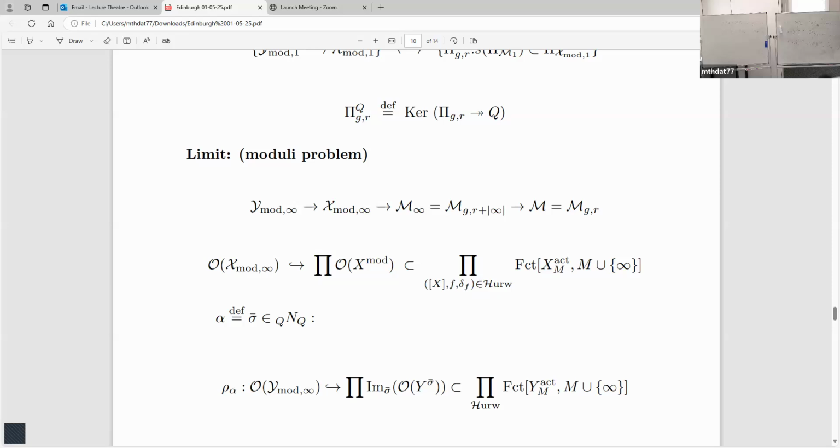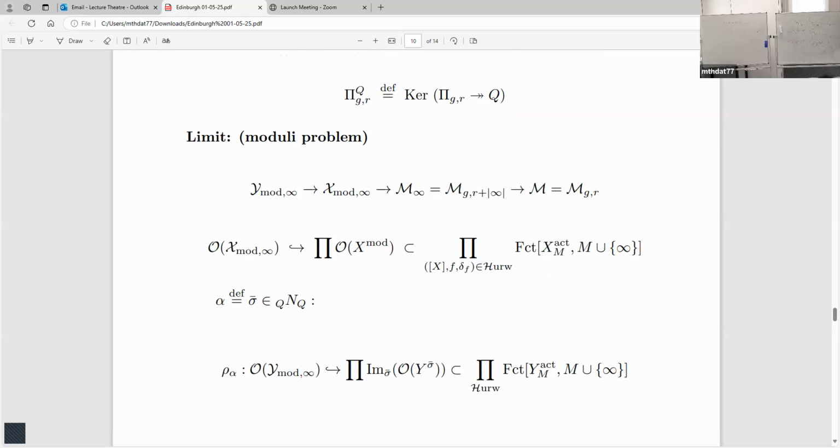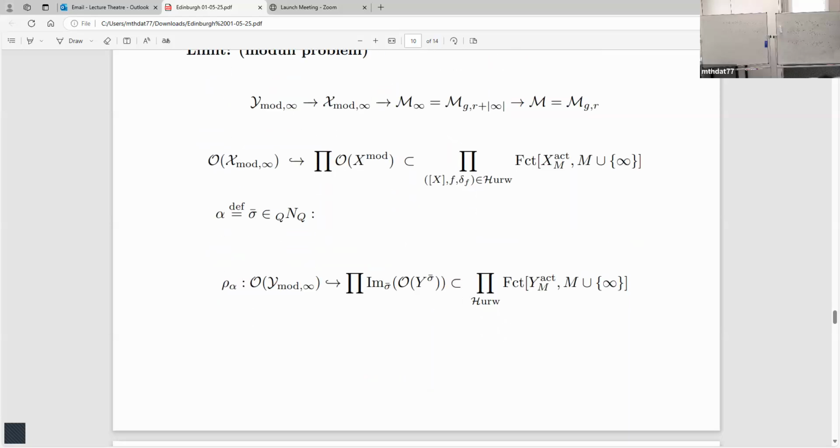So each OX mod infinity maps to each of these OX mod. And likewise, for an element in NQQ in this finite subquotient that I mentioned, we have an embedding of OY mod infinity inside this infinite product of function spaces.